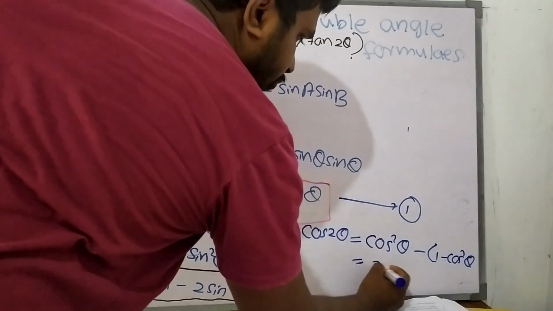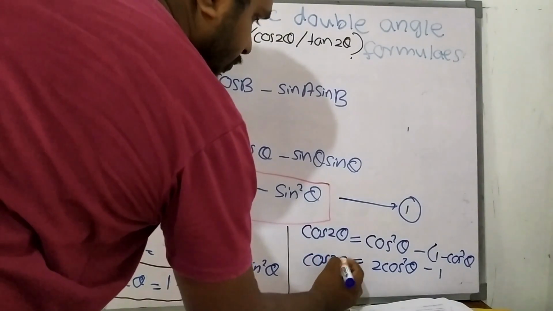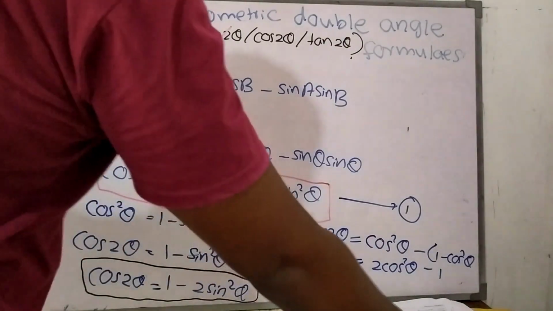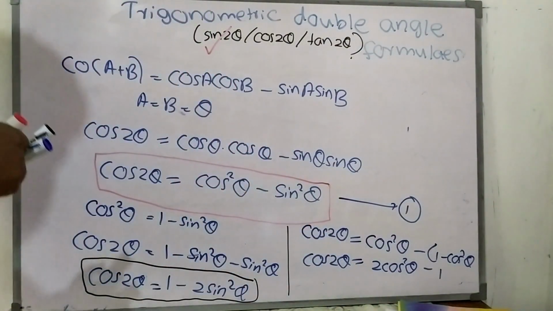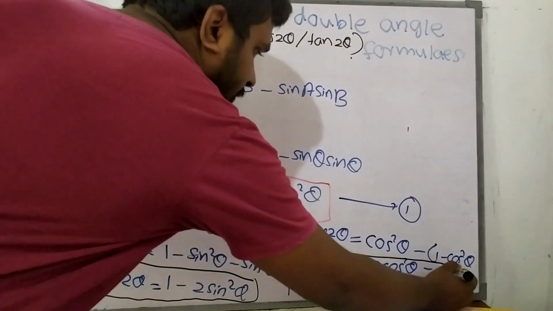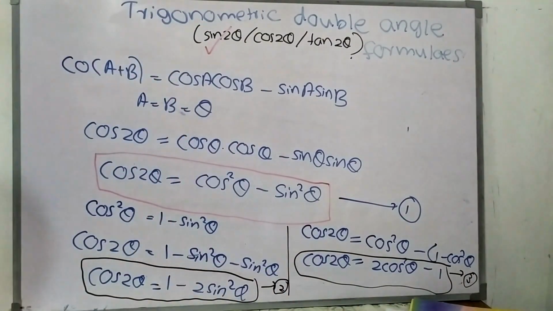So it will be 2 cos square theta minus 1. This is cos 2 theta. So actually in trigonometry, the cos 2 theta equation has 3 forms. These are the three formulas.